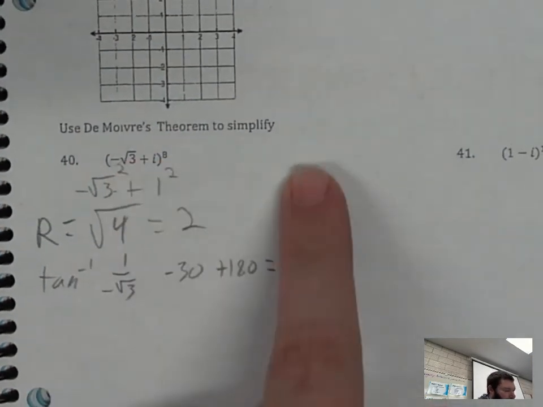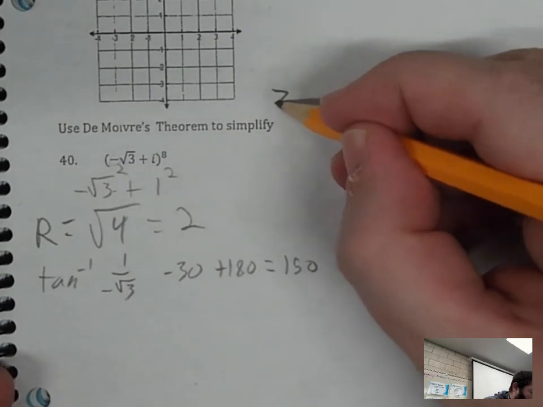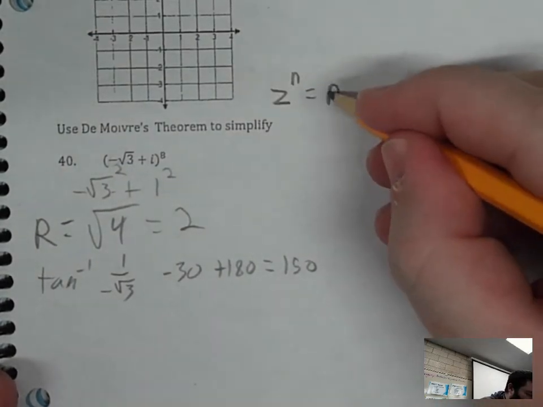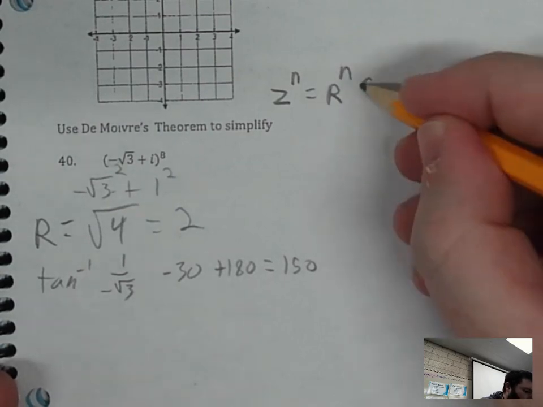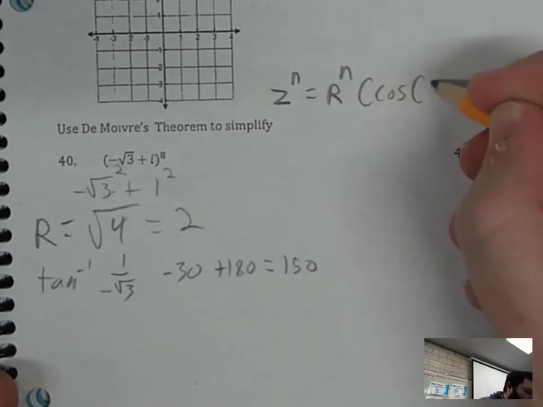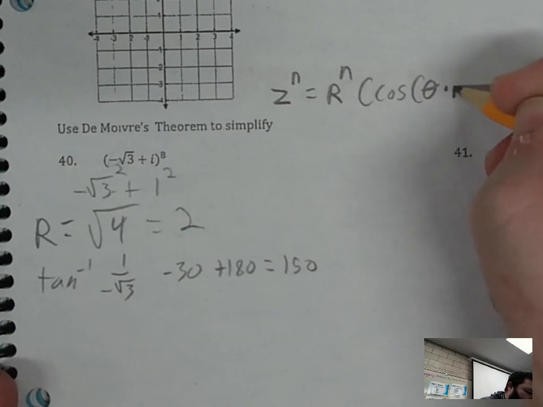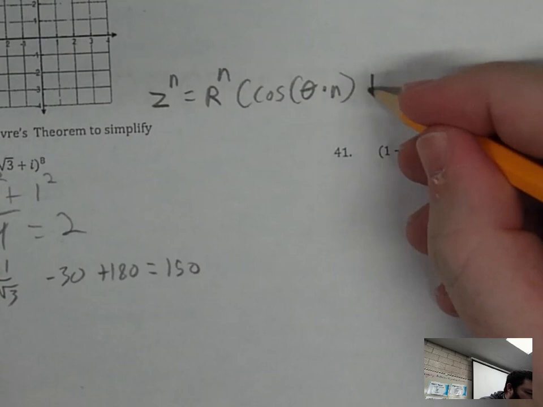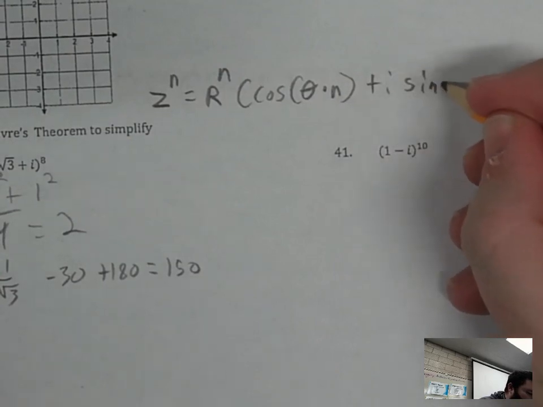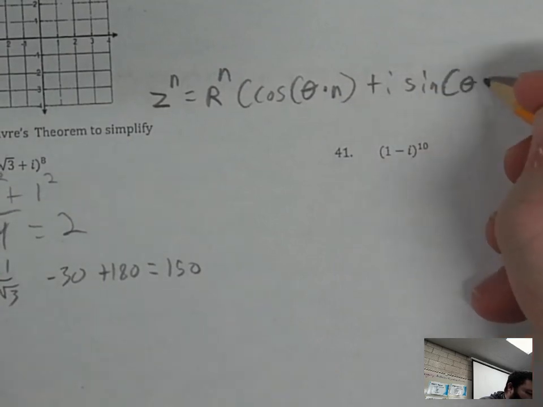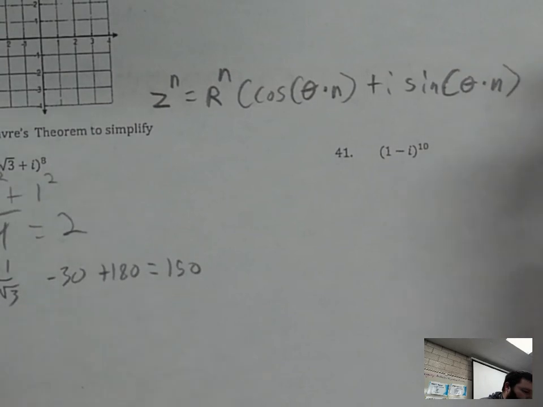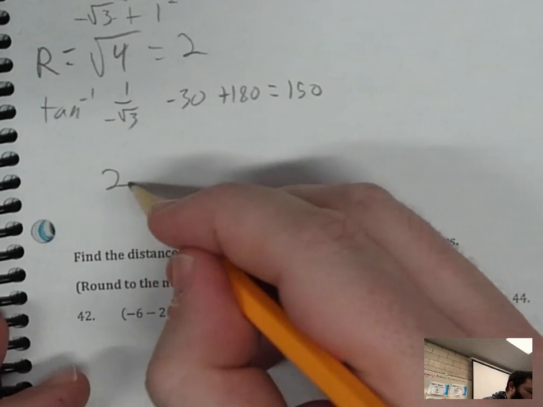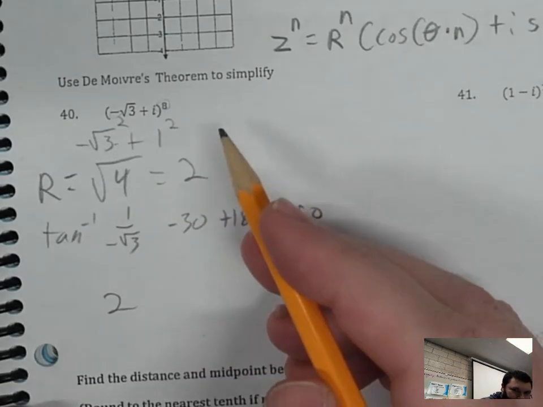Now, De Moivre's theorem says that my complex number to the nth power is the same as the moduli to the nth power times the cosine of theta times the n, whatever the power is, right? Plus the i sine of theta times the n. Okay? So to set this up, it would be 2, this is to the 8th power, right?